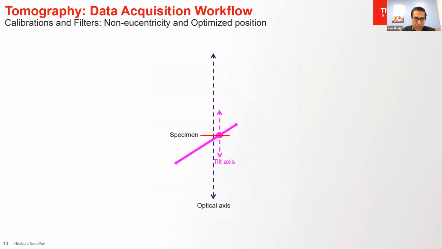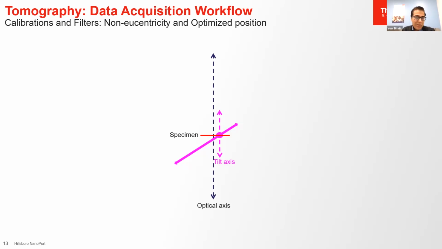Now, there are a couple of sources of non-eucentricity that we need to address because tomography heavily relies on being able to tilt your stage while the sample stays in place somehow.